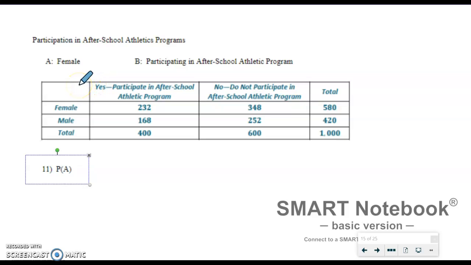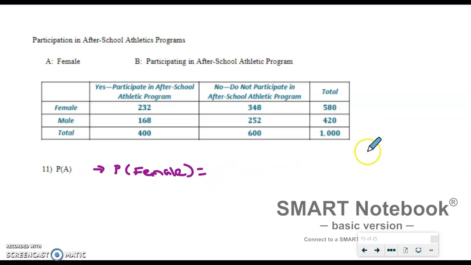All right, so we have a situation in which I want to find the probability of A. But in order to do that, we want to make sure first that we know how many people overall were in the sample. And it looks like we have 1,000 people in the sample total. Now we want to find out what the probability of A is. So in that case, we're trying to find the probability that the person chosen in this sample is female.